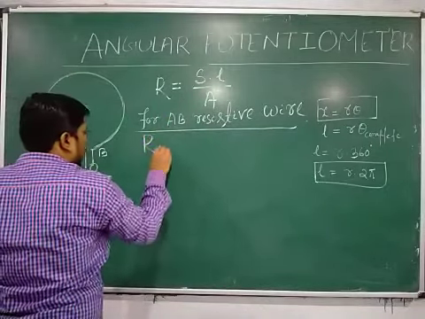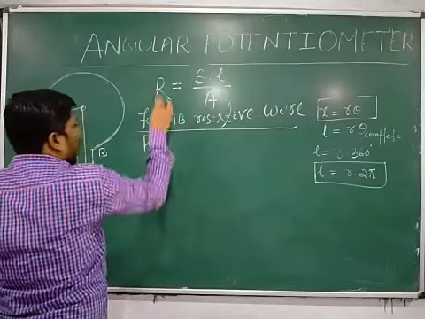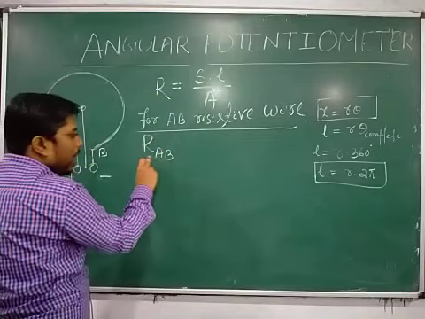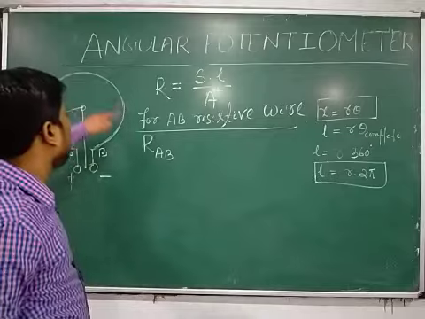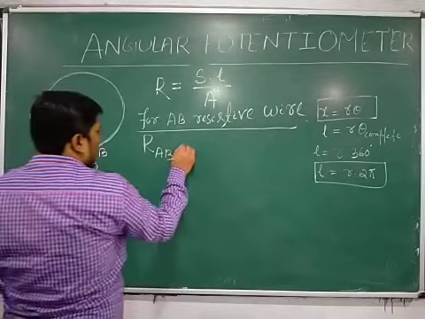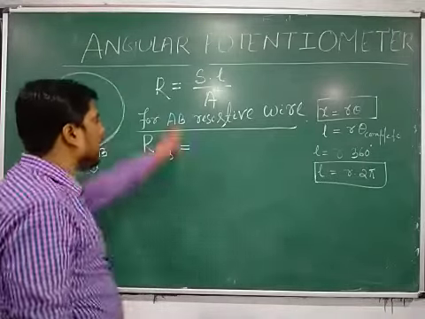In terms of R I have to write RAB. What is RAB? It is the resistance of the AB wire, will be equal to S.